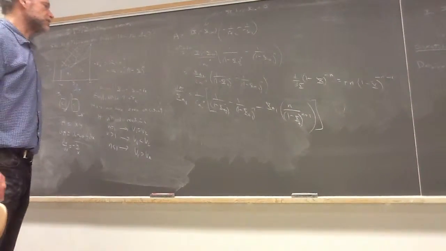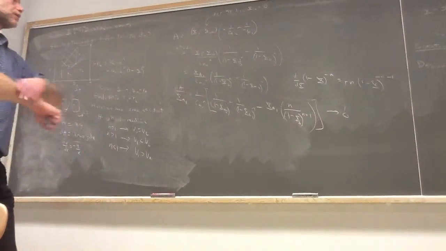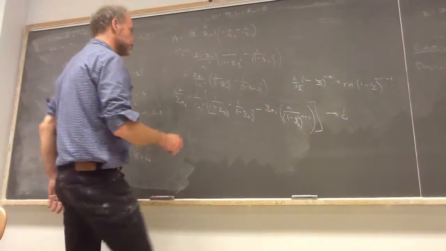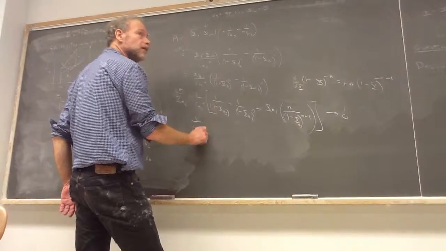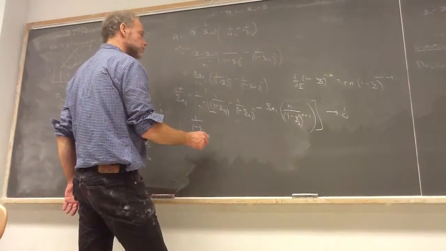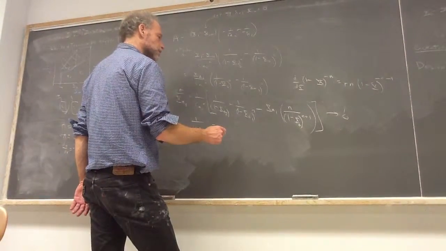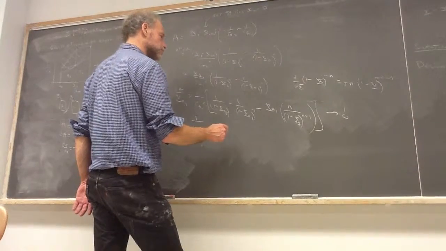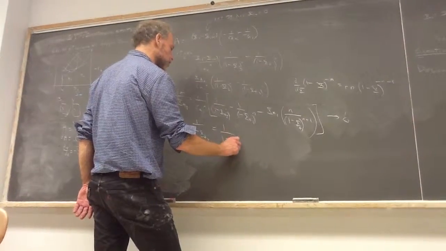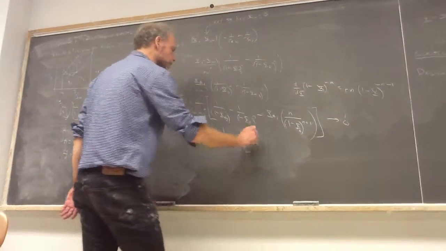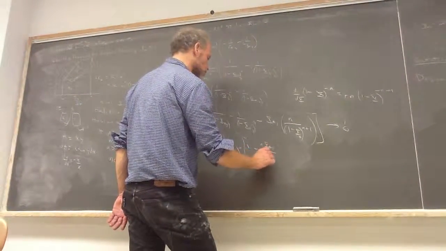Okay, so let's set this thing equal to 0, and let's see what we get. I set this equal to 0, I can cancel that. I have 1 over 1 minus xa2, and that's equal to 1 over 1 minus xa1 to the n times 1 minus n xa1 over 1 minus xa1.